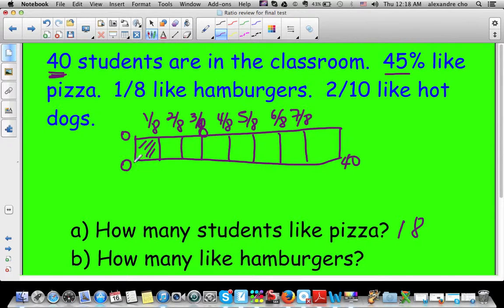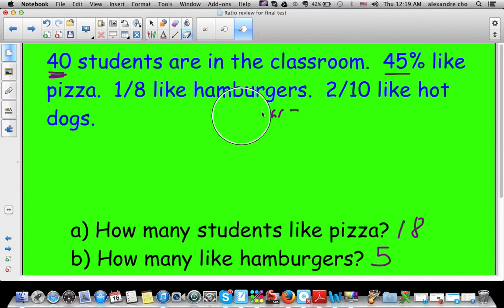Well, from here to here is 40, and I'm cutting it up into 8 parts. So 40 cut up by 8 means that every box is 5. So this would be 10, 15, 20, 25, 30, 35, 40. So 1/8 is equivalent to how many kids? 5 kids. So I can write that down here.